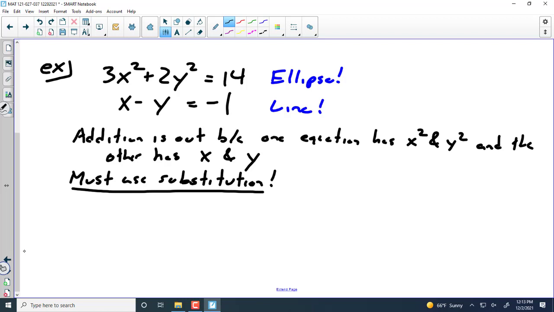Fortunately, that second equation lends itself to that. Because with that second equation, can we get either x or y by itself pretty easily? Yeah, I can actually get x by itself really quick, because all I have to do is add y to both sides, and I'll get x equals y minus 1.